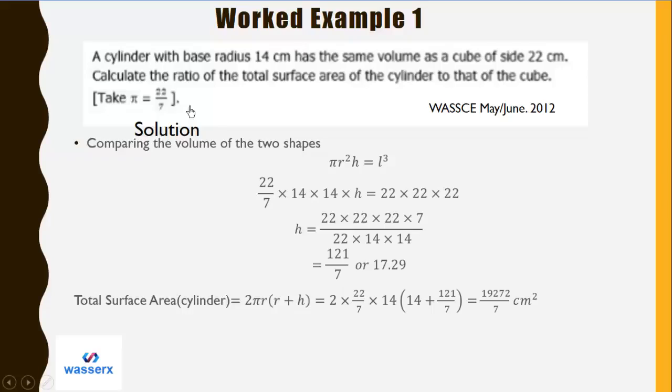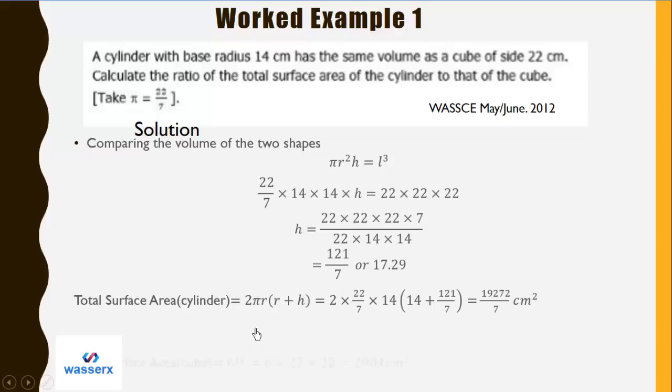Note that the question was silent. That means the cylinder is closed at both ends. Therefore, we use this formula to obtain this value for the cylinder. That is the total surface area of the cylinder.